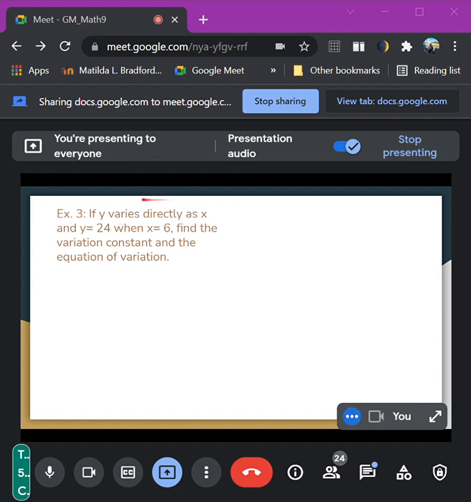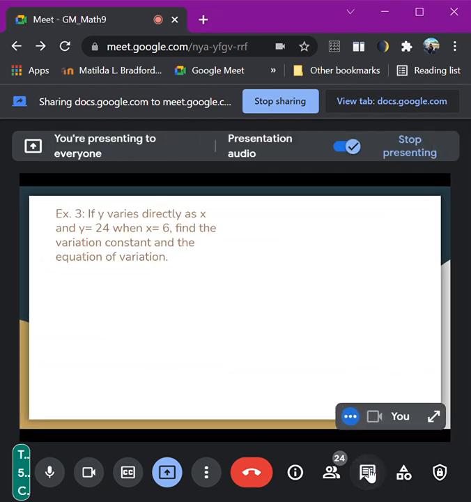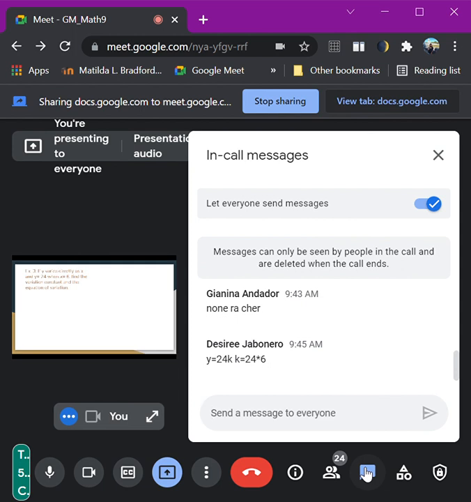If y varies directly as x. How are we going to write that one into an equation? Same as what we did a while ago. Okay, we have y is equal to 24k, and then k is equal to 24 over times 6. Okay, so you substituted already.